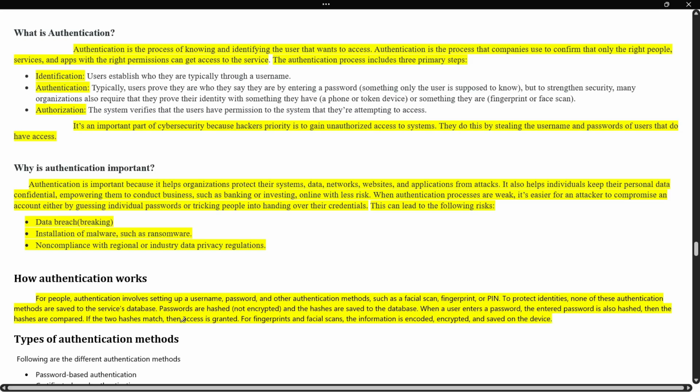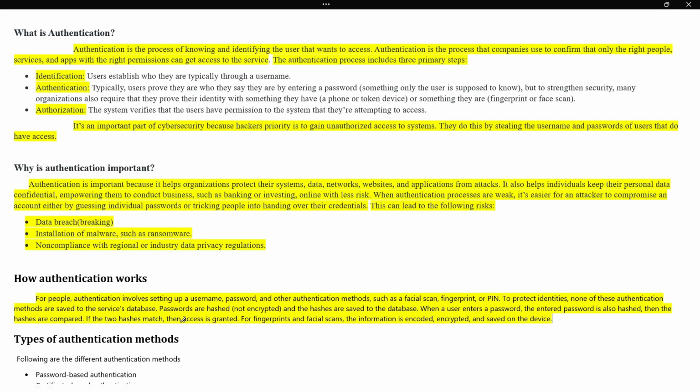So once we enter the password, if we don't do hashing or don't have any password protection methods, and whatever the user enters is saved into the database as text, anybody can hack it from the database. They can easily identify that this user has this password by reading that text. This is very risky.